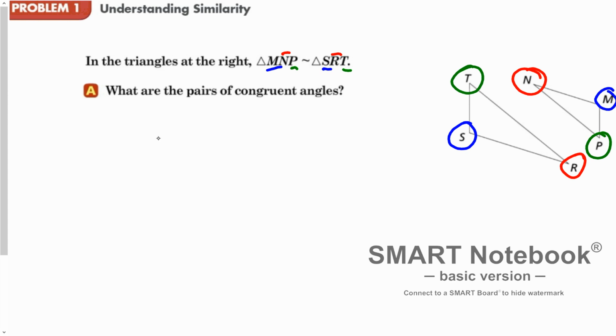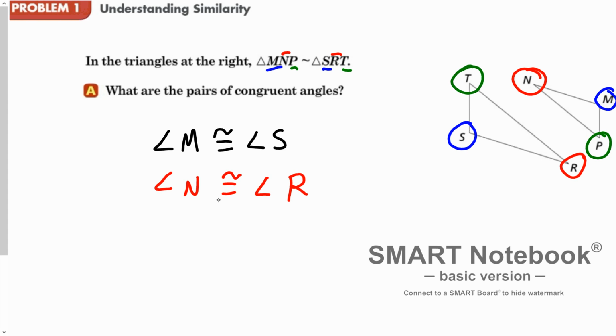Okay, so that means angle M is congruent to S, meaning their angle measures are the same. Angle N and angle R have the same measure, so they are congruent. That's what congruence means, same measure. And then P and T angles are congruent. So those are the pairs of congruent angles.